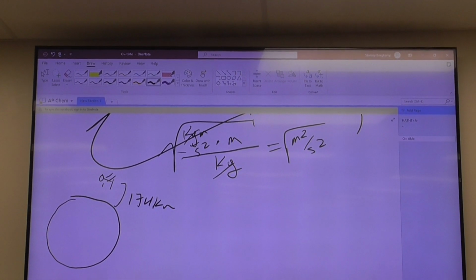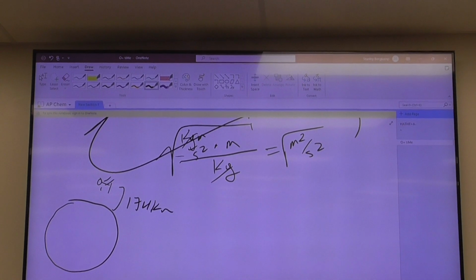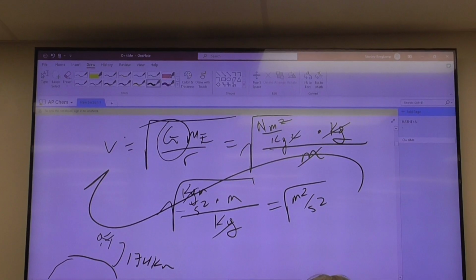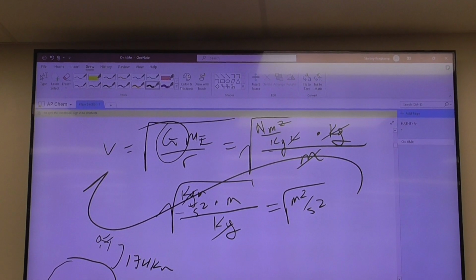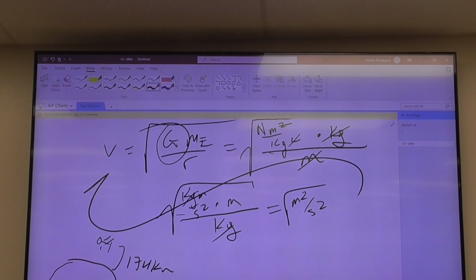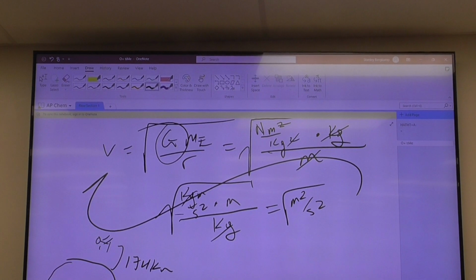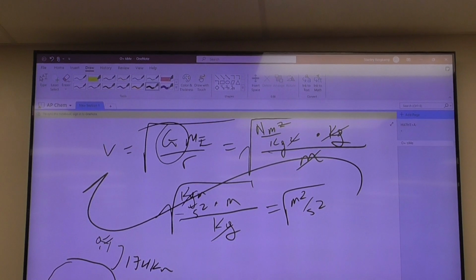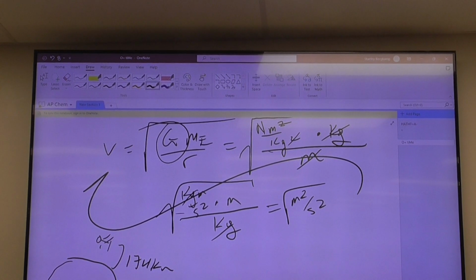When you deal with anything that involves big G, as soon as you see big G, understand this. It is the absolute quintessential usage of the MKS system, because the only units that you have are seconds, meters, and kilograms.